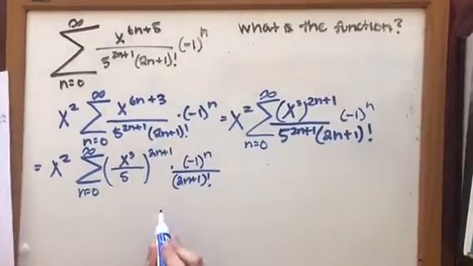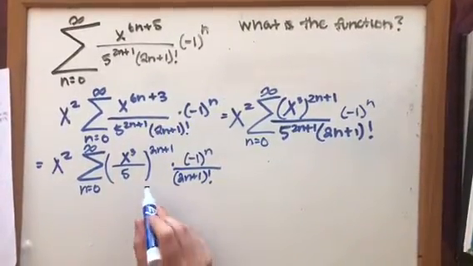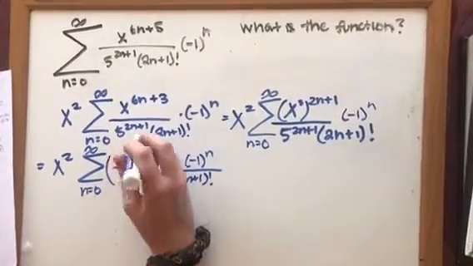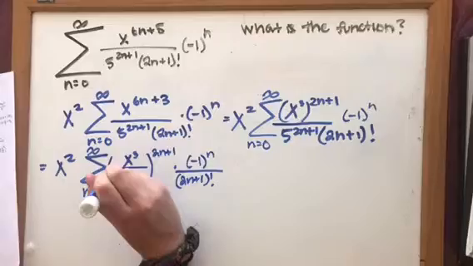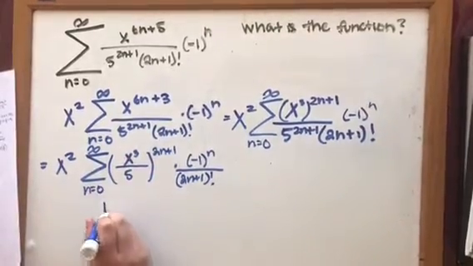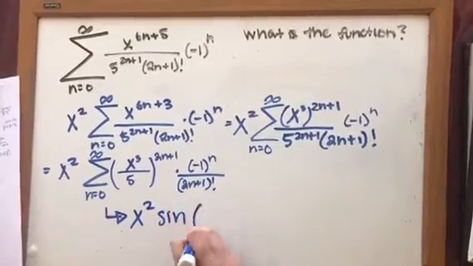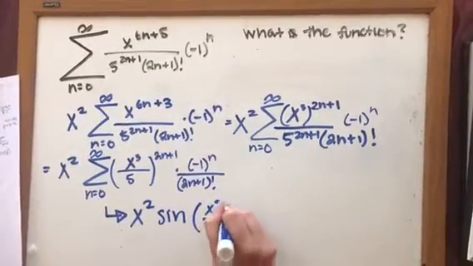So we should see that right here, this fits very nicely into the representation for sine of x. And so instead of having sine of x, we have sine of this right here times x squared. So all we're going to do is now this is x squared times sine of x cubed over 5.